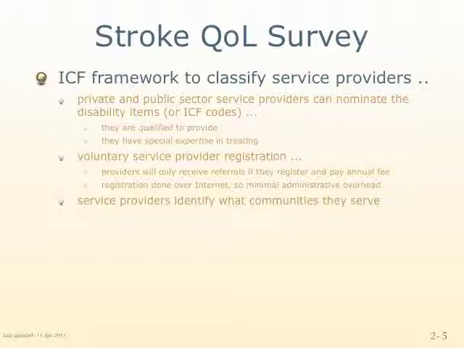Services providers would also be asked to identify what communities they offer particular services, be they local, regional, state or national.